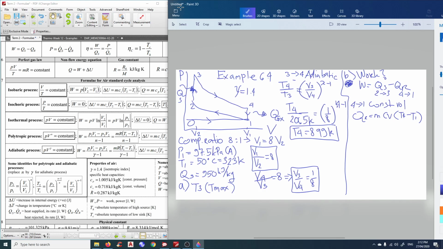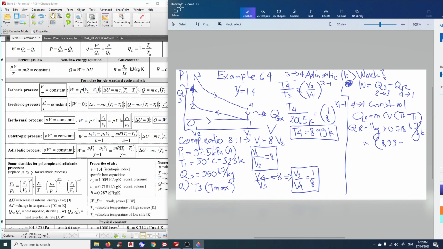Now come back to this equation. So Q reject equals m, 1 kilogram, times Cv of air, 0.718, again kilojoule per kilogram Kelvin, multiplied by T4, 899, minus T1.